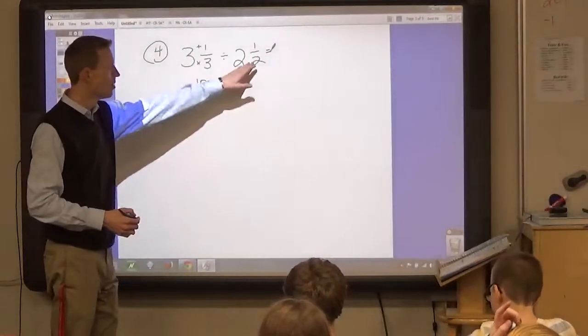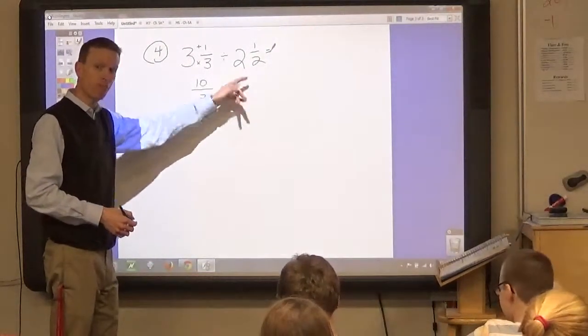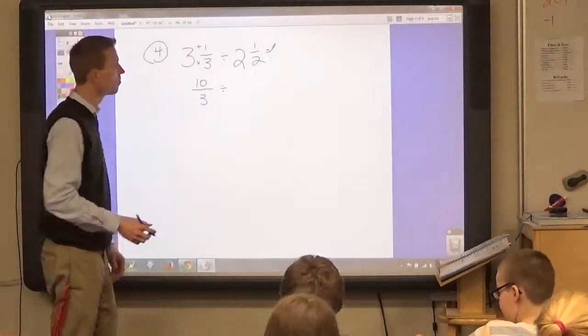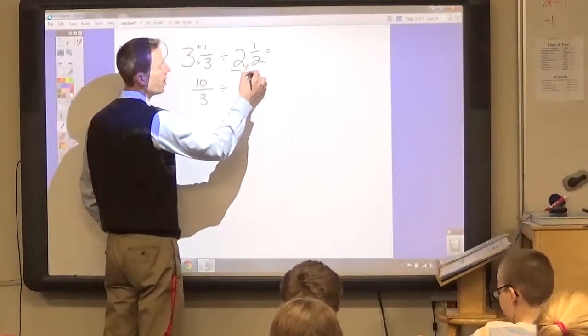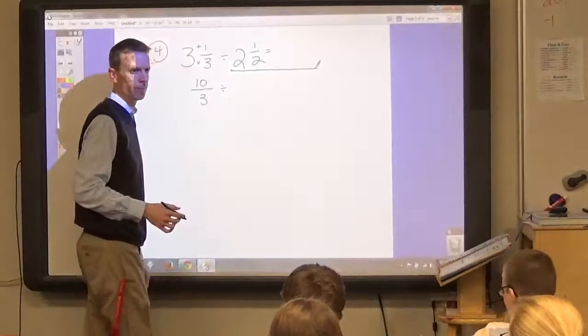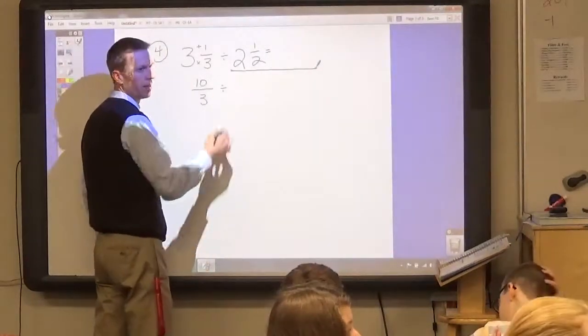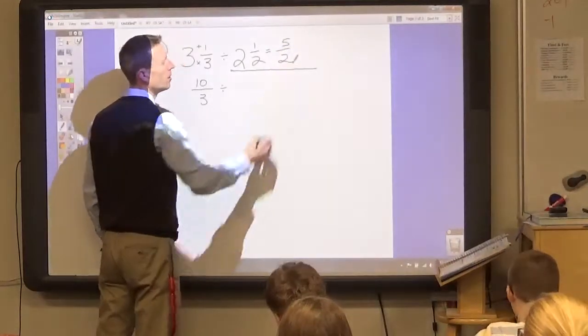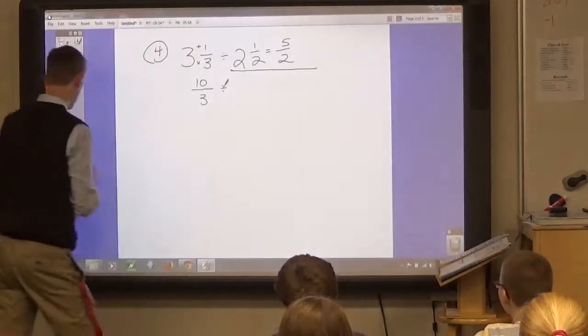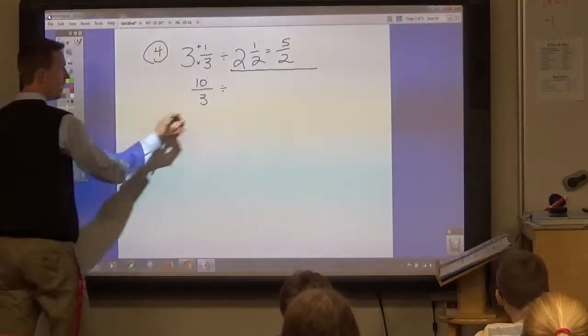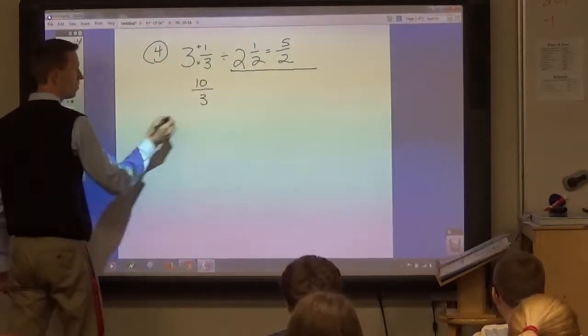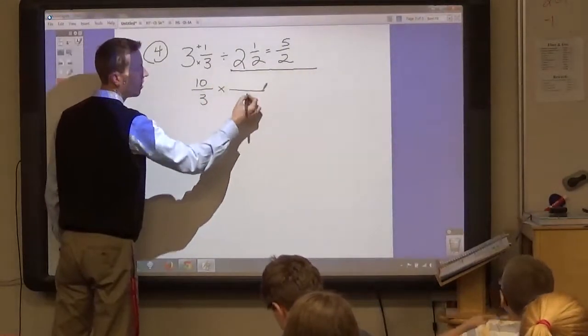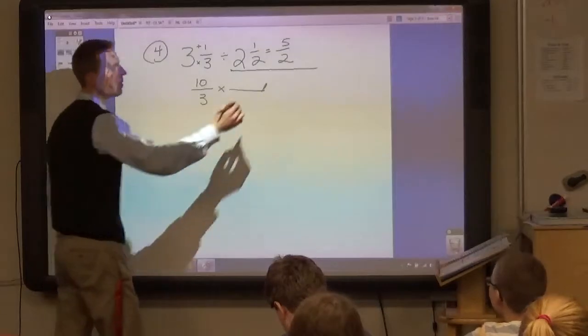We have to change it to a top-heavy and then flip it, right? So we could change this one right here. What would that be? 5 over 2. And then rewrite it as multiplication and flip this over.